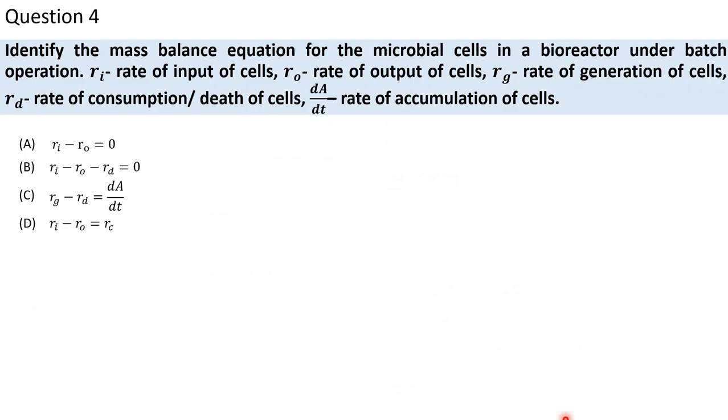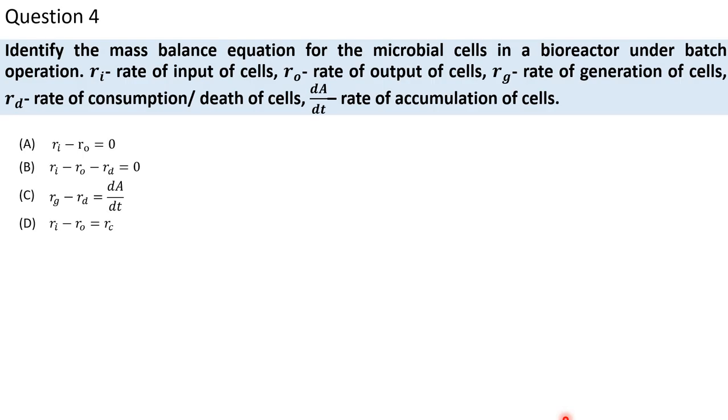Moving to question 4, identify the mass balance equation for the microbial cells in a bioreactor under batch operation. Here they have given Ri indicates rate of input of cells, R naught is rate of output of cells, Rg is the rate of generation of cells, Rd is rate of consumption or death rate of the cells, and dA by dt denotes the rate of accumulation of cells.